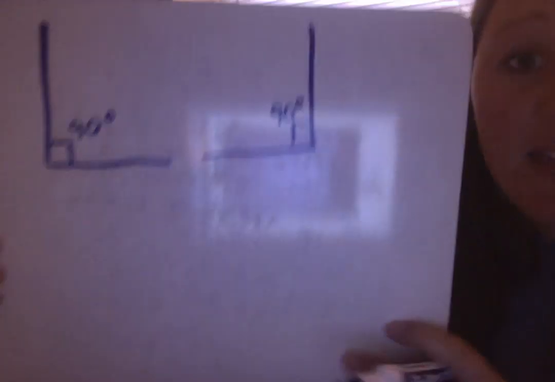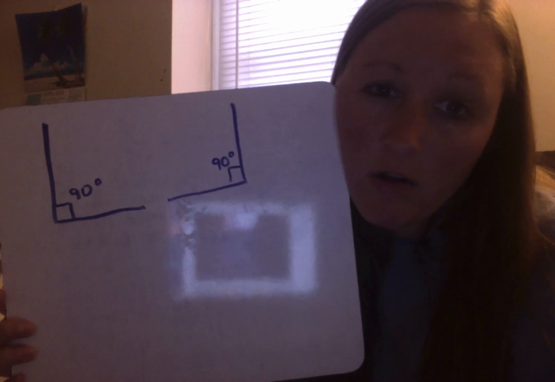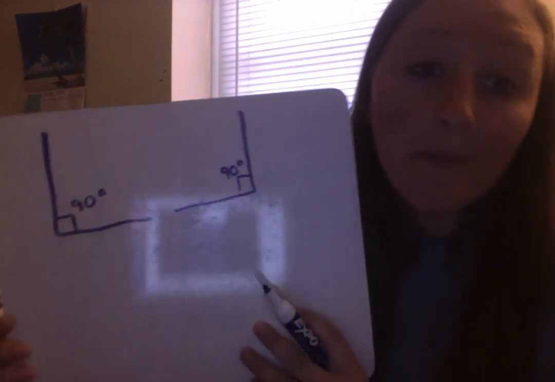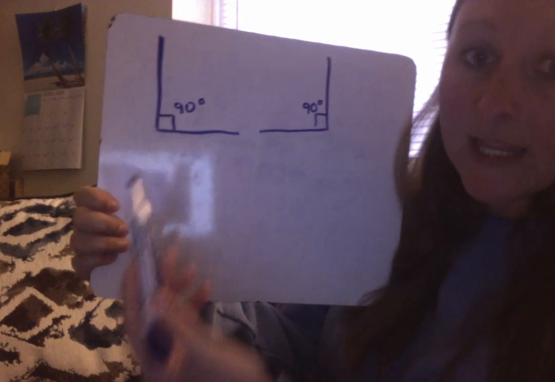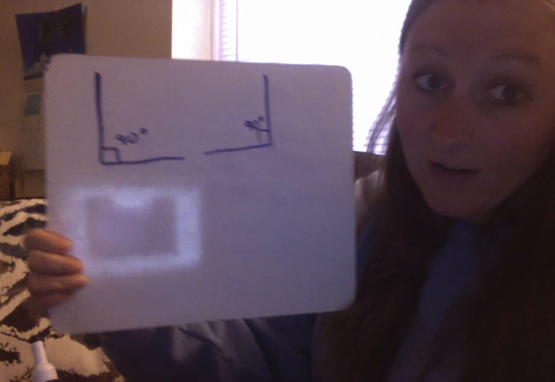Okay, so if it's 90 degrees, then it's called a right angle. And we haven't gone over degrees before, but just trust me that if an angle is basically like a perfect L, it's going to be called a right angle or a 90 degree angle.